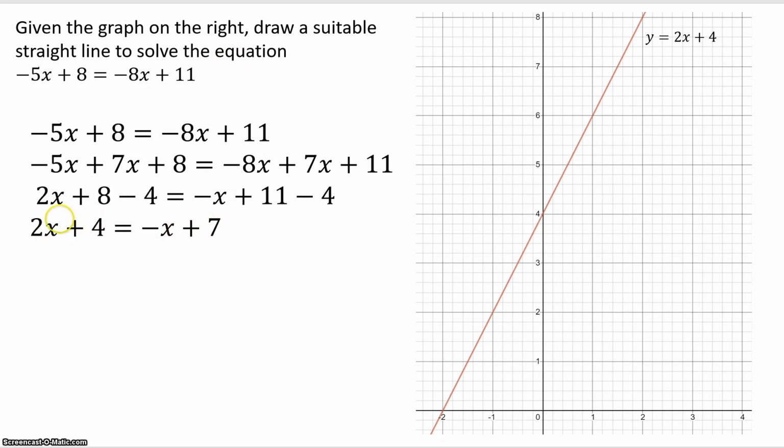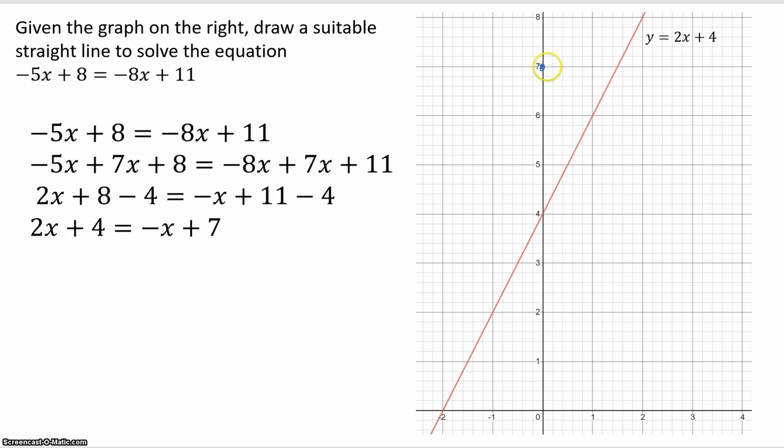So once we hit this stage, we can see that 2x plus 4 is on the left side, and I need the graph 2x plus 4. So actually, I'm almost done already. So what remains is to actually draw negative x plus 7. So I'm going to take my pen here. So plus 7, I'm going to just straight away dot 7, and then the gradient is negative 1.